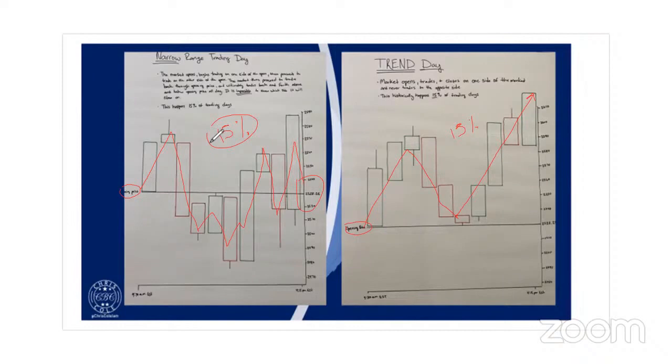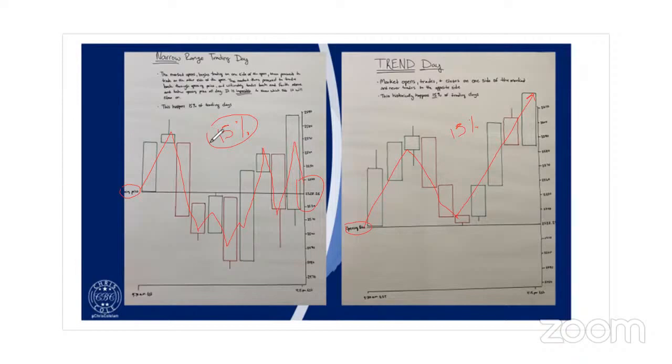Understanding this, again, understanding 85% of the time, the market is going to trade on both sides of the open gives me a huge and consistent edge in the market, okay? In order for there to be some type of consistency, there must be some type of constant, right? And our constant is what? Is opening price.